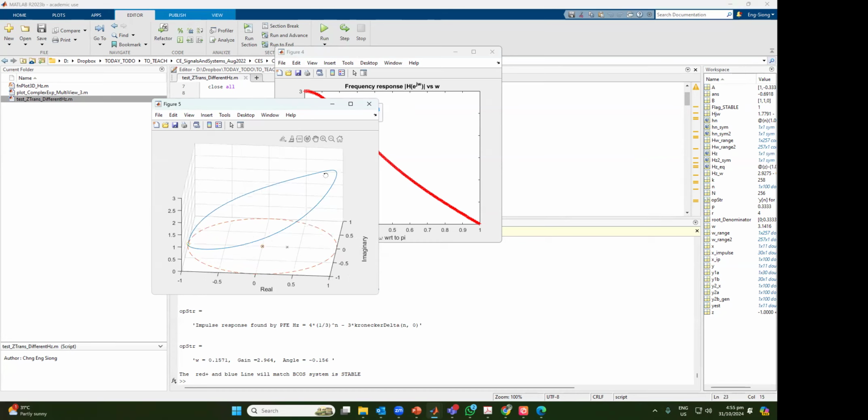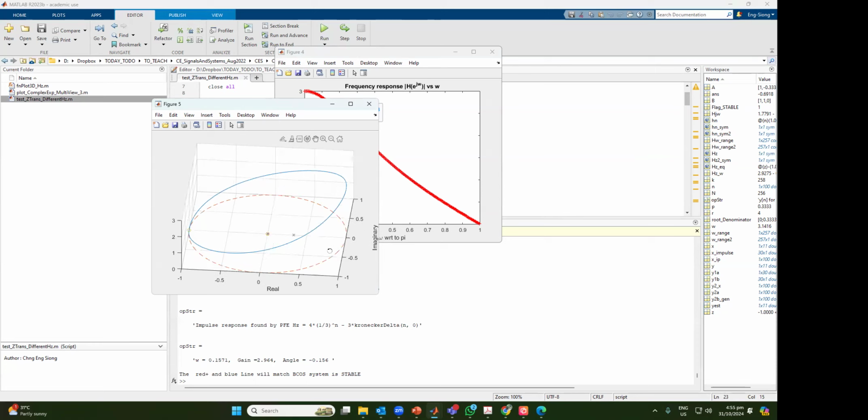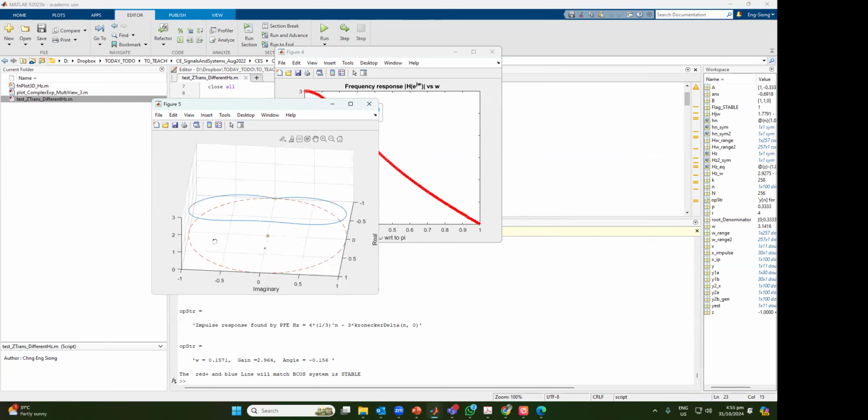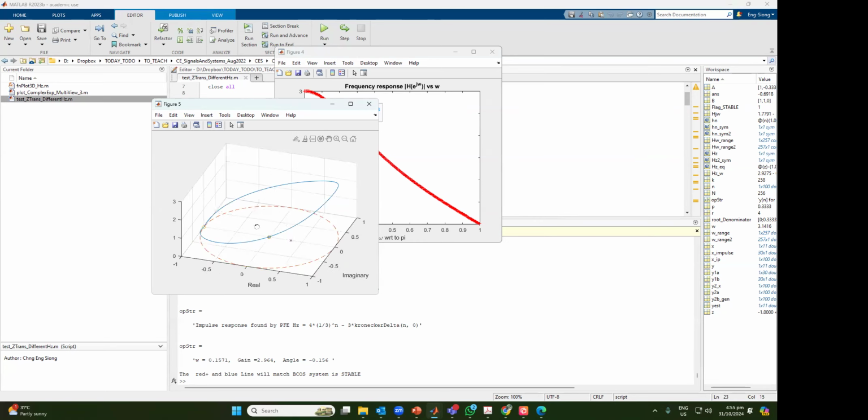You can see that the magnitude gain is going from 0 to 2 pi. And you also realize that once I plot 0 to pi, I'm not interested to plot 0 to minus pi because they are symmetrical. So that's why nobody cares about the other, minus pi to 0.